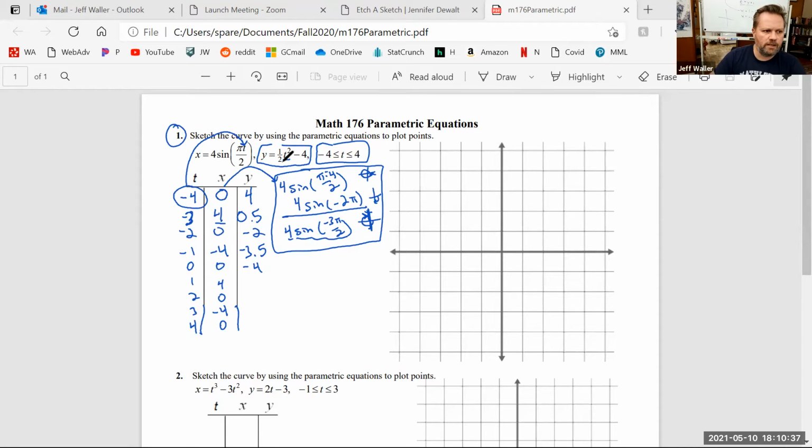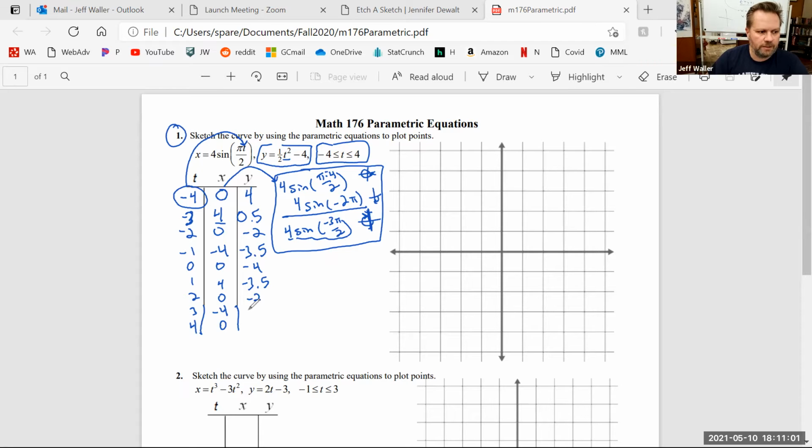When I plug a 1 in, 1/2 minus 4, and now it's going to start to repeat itself because it's a parabola, yes? You guys see how I've discovered its vertex? And now it's going to start to repeat itself back up. So locally, parabolas feel like trig functions around their vertex, but anyway, that might be too much to say. And then it's just going to repeat from there.